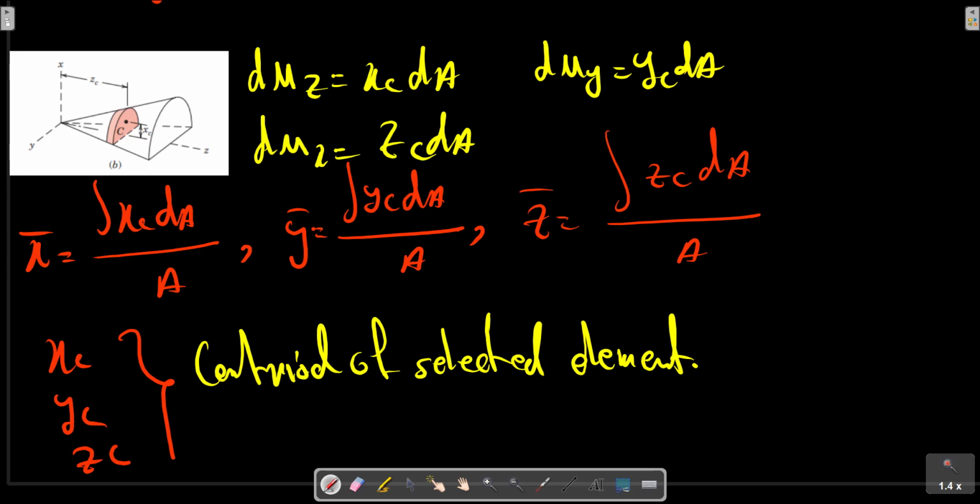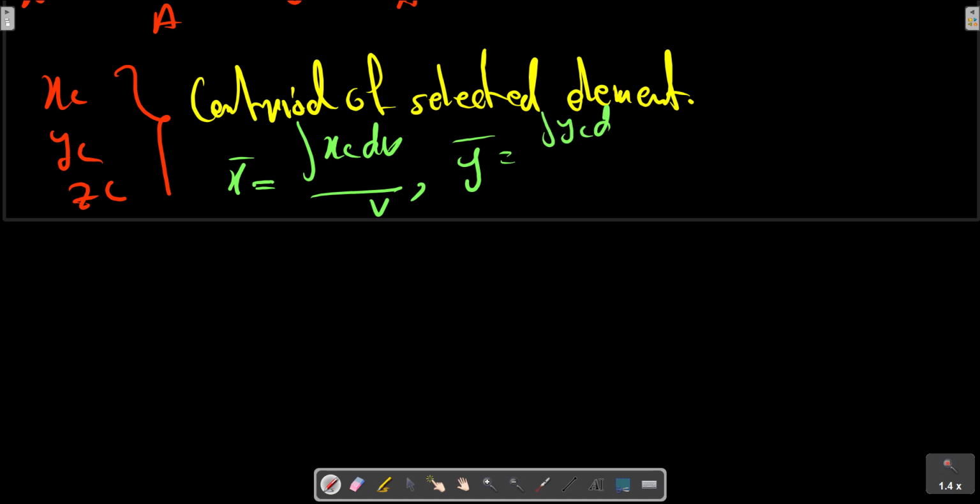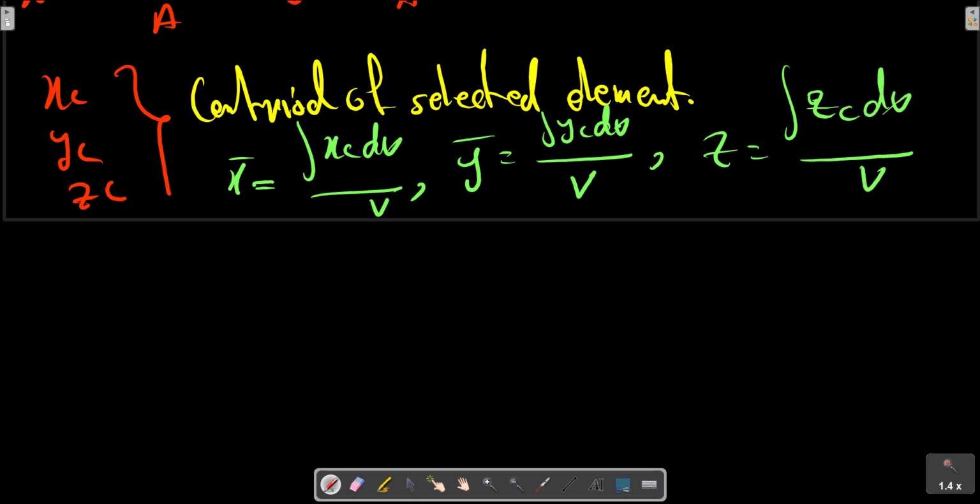We can also write for the volume case, for a general volume, this relation: x-bar equals the integral of xc dV over V, y-bar equals the integral of yc dV over V, and z-bar equals the integral of zc dV over V. All of these c positions are the centroid of the selected element.